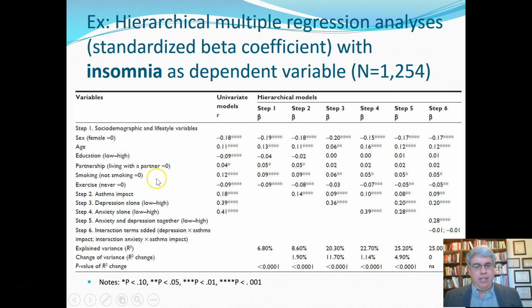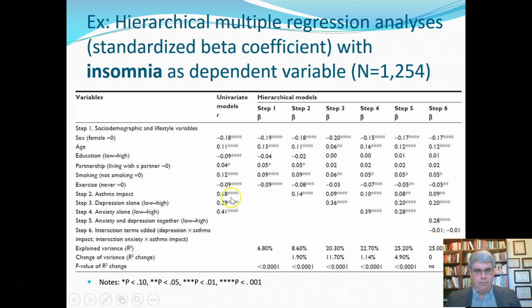Smoking, not smoking is 0, smoking is 1. So smoking people, with the high score, would have more insomnia, and people that exercise have less insomnia.